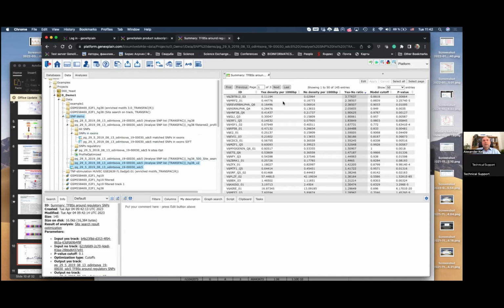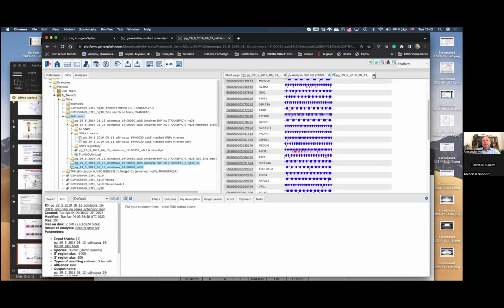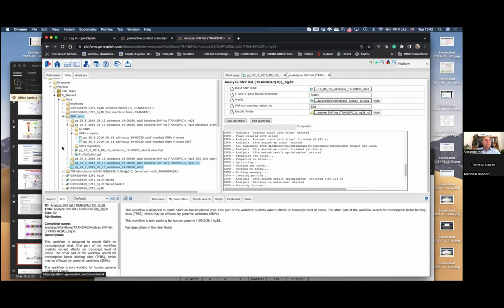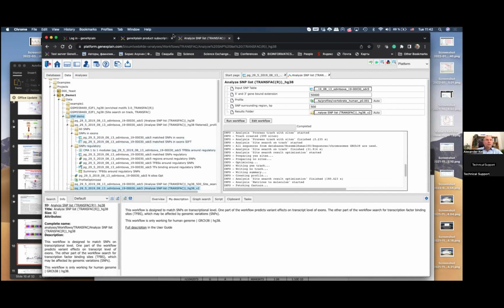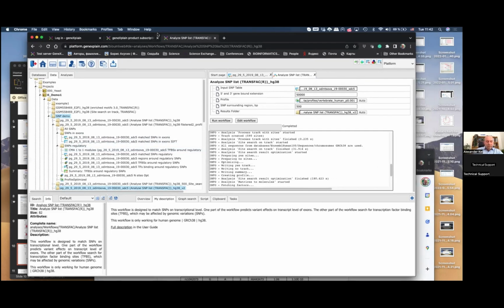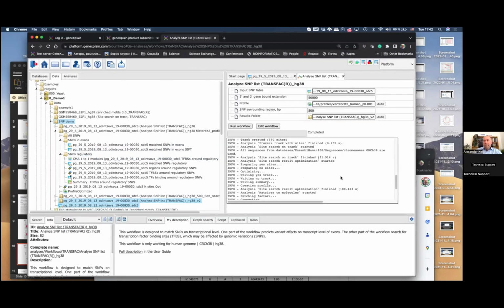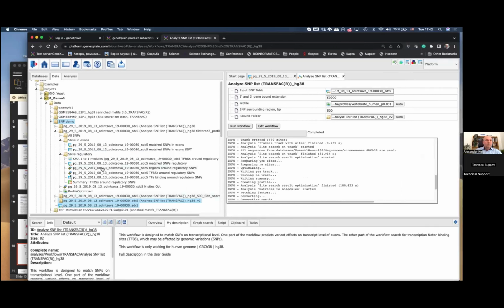Okay, there are some now finished. So let me close that. All right. So they are located in exons, or they are located in regulatory regions. By the way, I don't know if you can see this. Maybe I have to increase the font a bit so you can see it better.